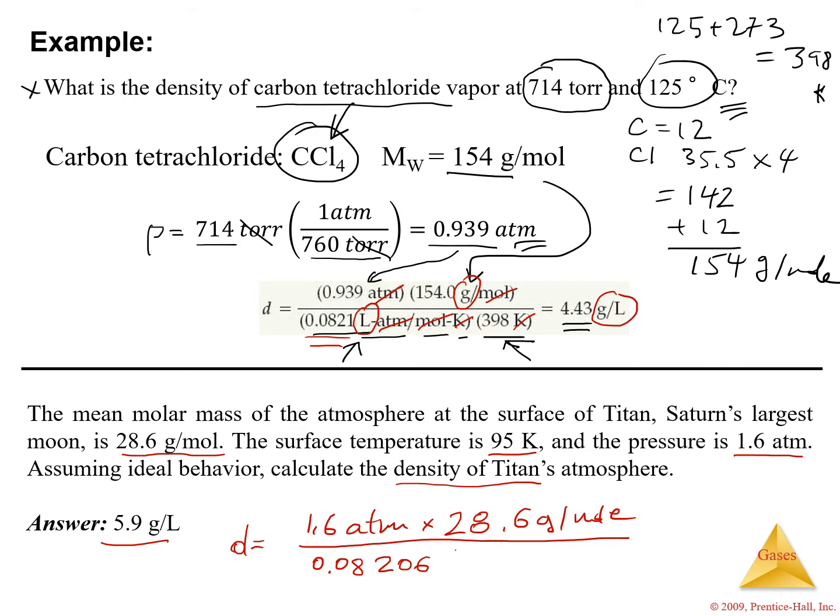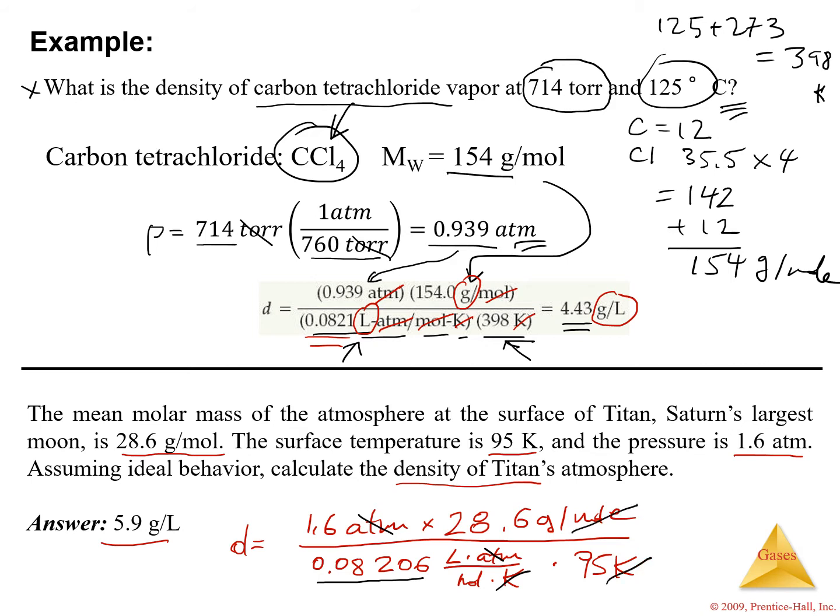And the units are liter atmosphere divided by mole Kelvin, times the temperature, 95 Kelvin. So I want to show you again that with that choice of R value, with these units, we're able to cancel atmospheres. We're able to cancel Kelvins, units of temperature.